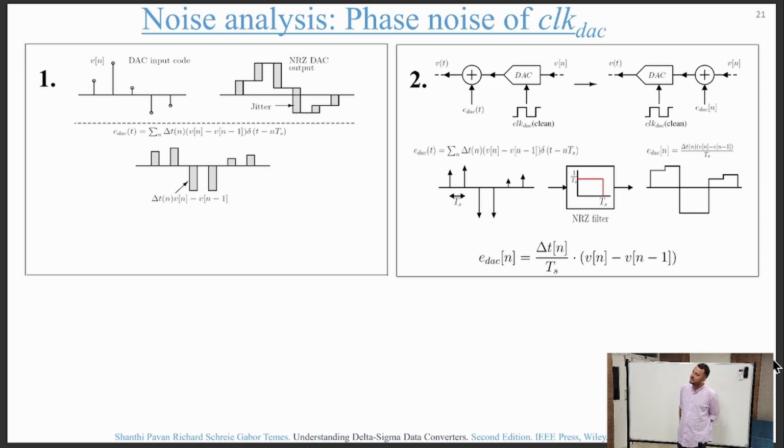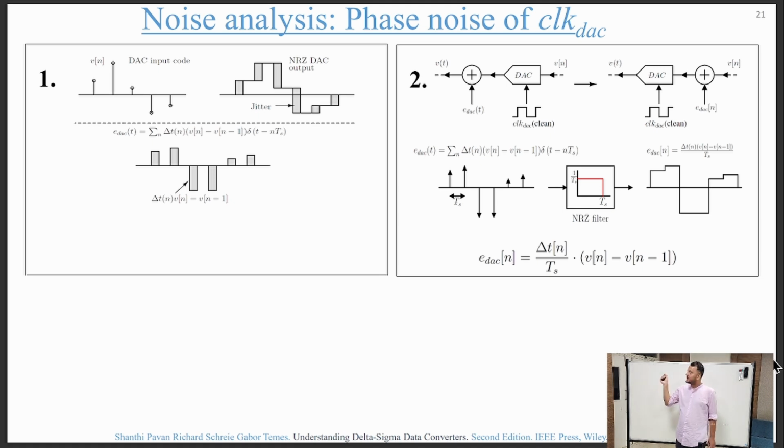So the equivalent error due to jitter can be shown as E_DAC. This E_DAC can be modeled as impulses having an area equal to the respective error, which is given by delta Tn, a random variable, multiplied by V[n-1] at each sample instance, and that occurs at the output.